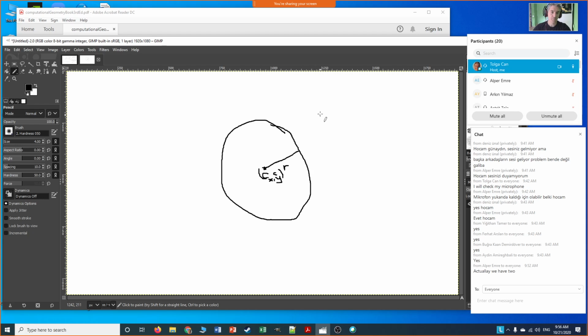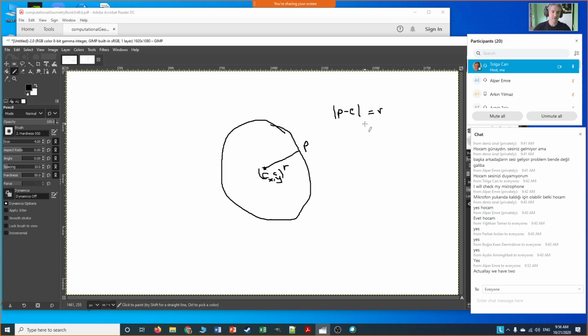So we know how to compute the distance. Given a point P, the distance from P to C is the length of the vector P minus C. This is how we denote the length of a vector. You can say P minus C or C minus P, it doesn't matter. The length of this vector is going to be equal to R.